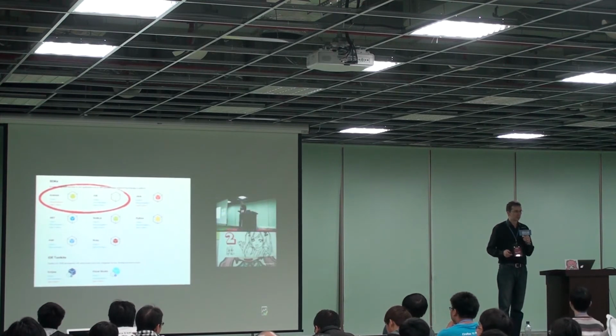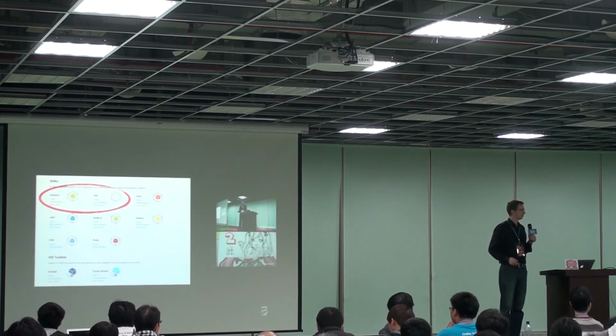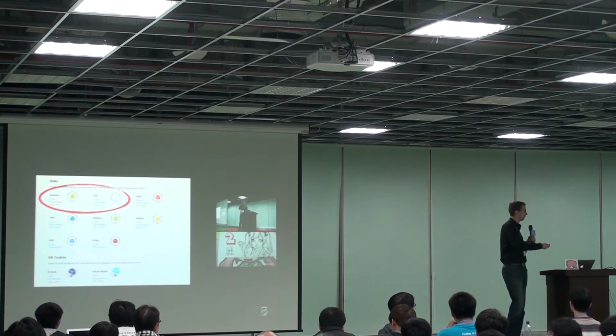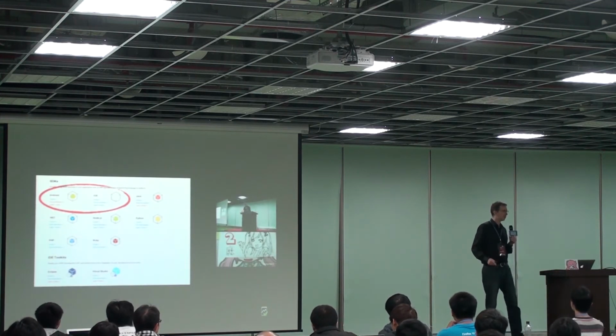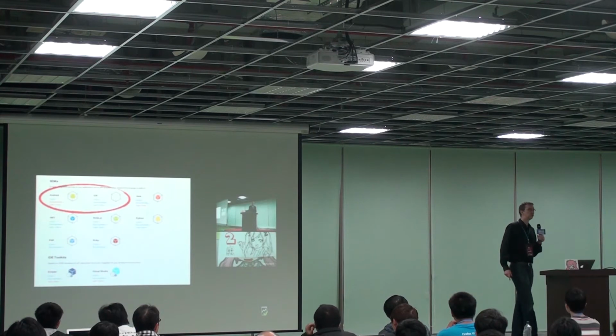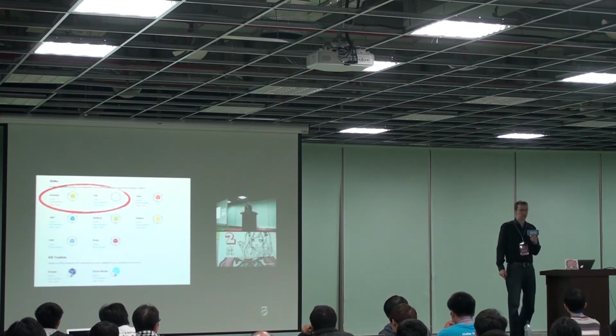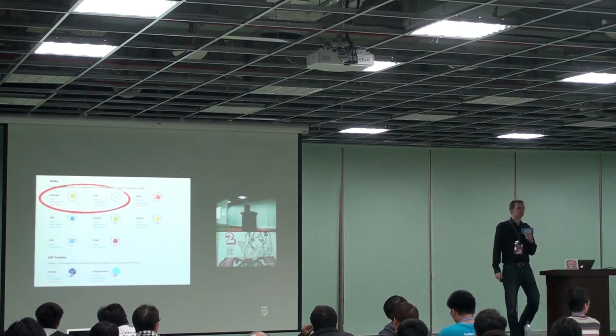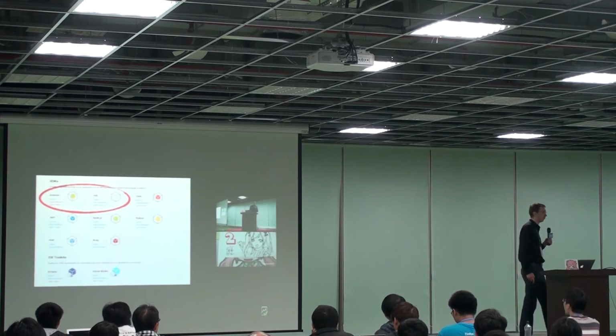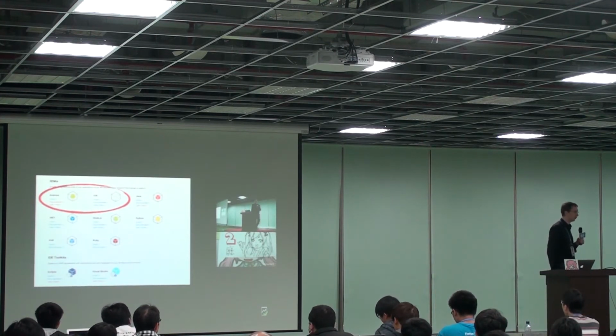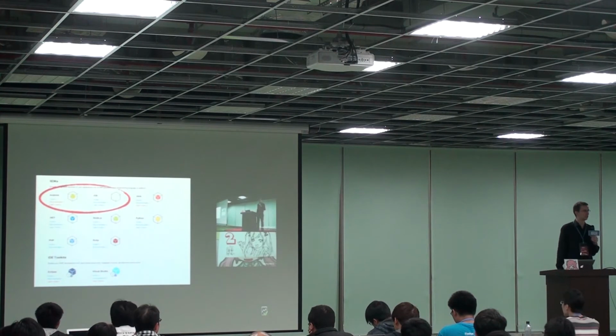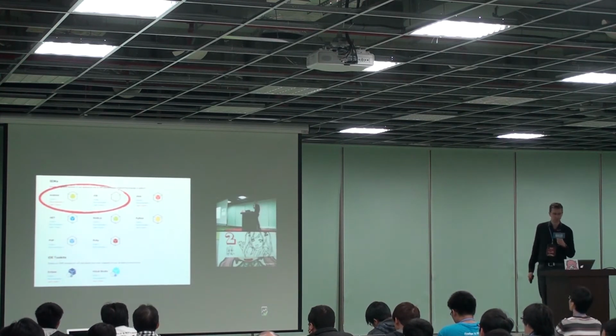Combined market share, iOS and Android. Somebody said 90%, very close. Latest IDC report, 92.5. So if you make a mobile application, I'm guessing you're using either Android or iOS or both, and then you can reach 92.5% of your audience, global audience. We also have an SDK for Windows Phone.